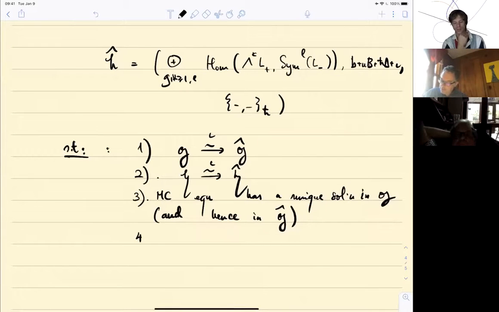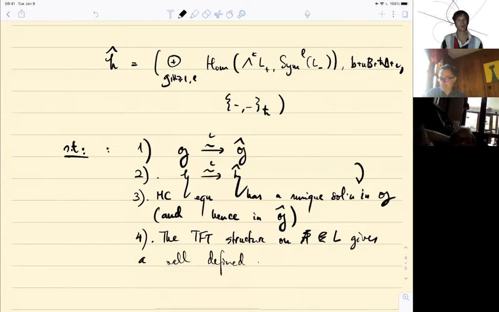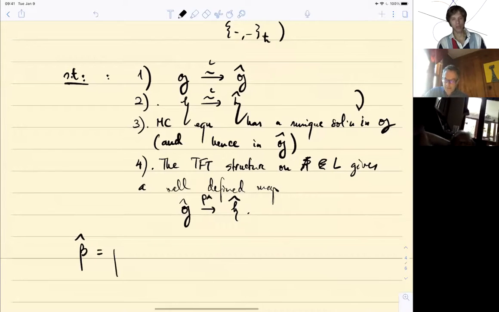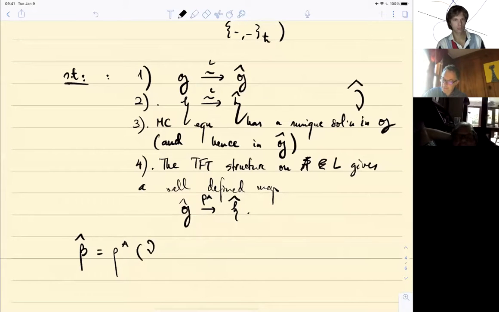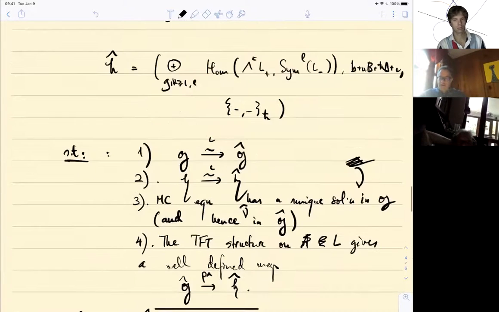Let's call this unique solution V. And finally, the TCFT, the TFT structure on A, or maybe on chains on L, gives a well-defined map G hat to L hat to H hat. So I can take my beta hat to be rho A of V hat. Sorry, the unique solution in G hat I call V hat, and I take beta hat to be the image.